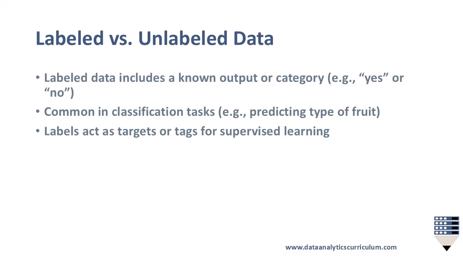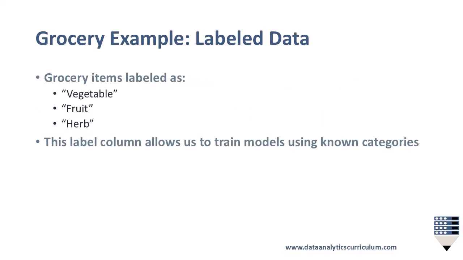Labeled versus unlabeled data. Labeled data includes a known output or category, for example, yes or no. This is common in classification tasks, like predicting the type of fruit. The labels act as targets or tags that guide supervised learning. Grocery example: labeled data.